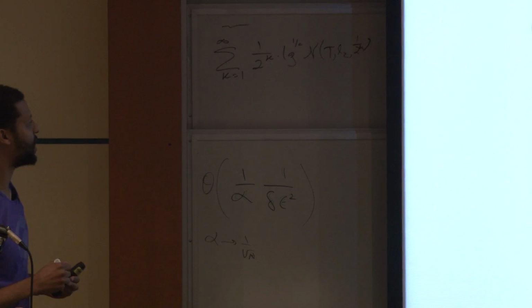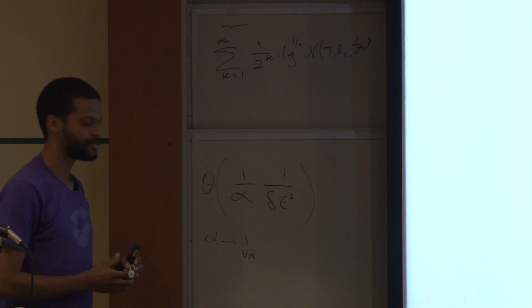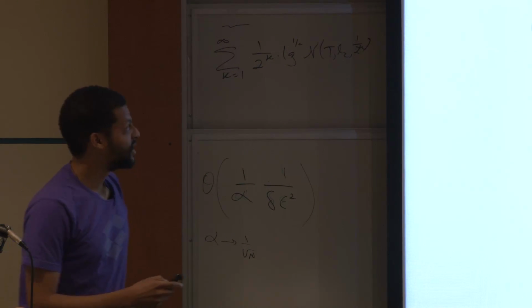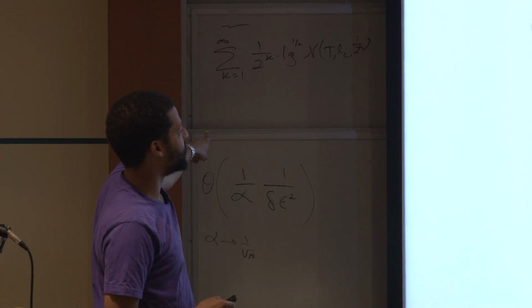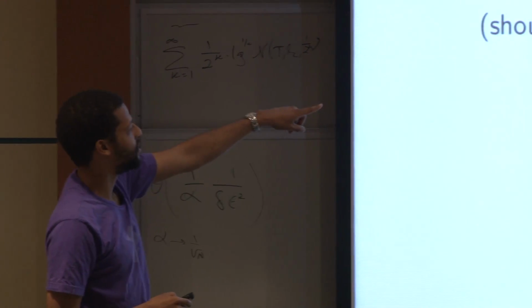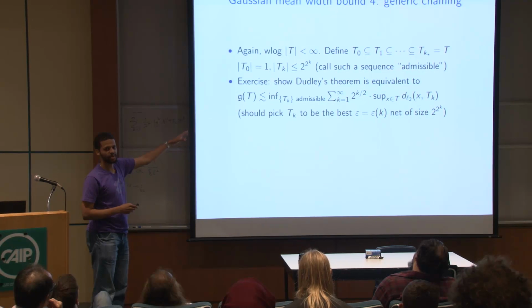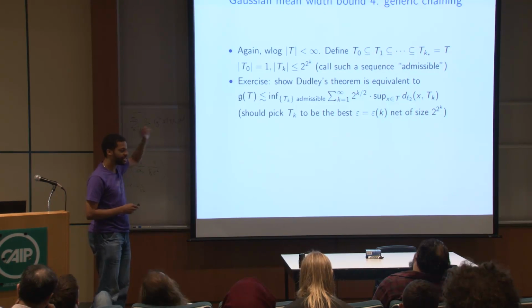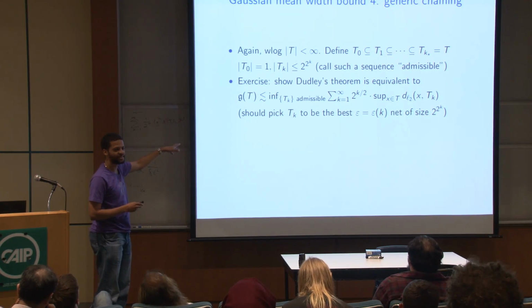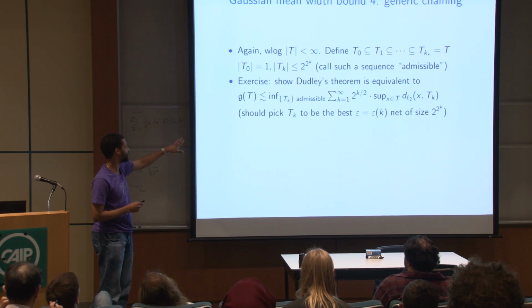That was the last slide. That was Dudley before you turned it into an integral. And I claim that that bound and this bound are the same thing, up to a constant factor. And why are they the same thing? Does anyone have an idea of why they're the same thing?